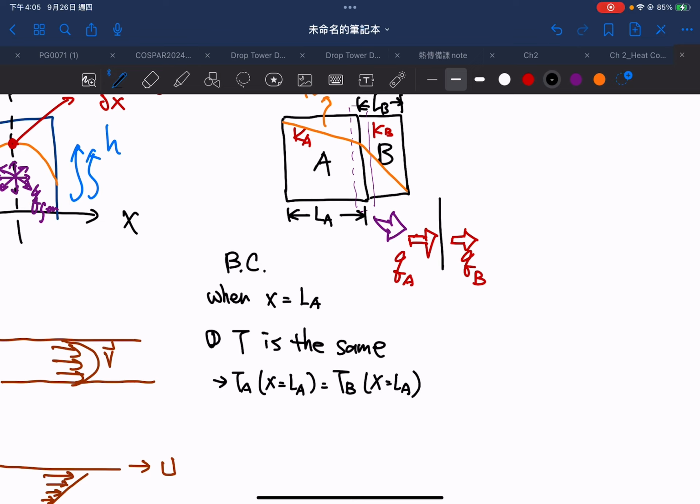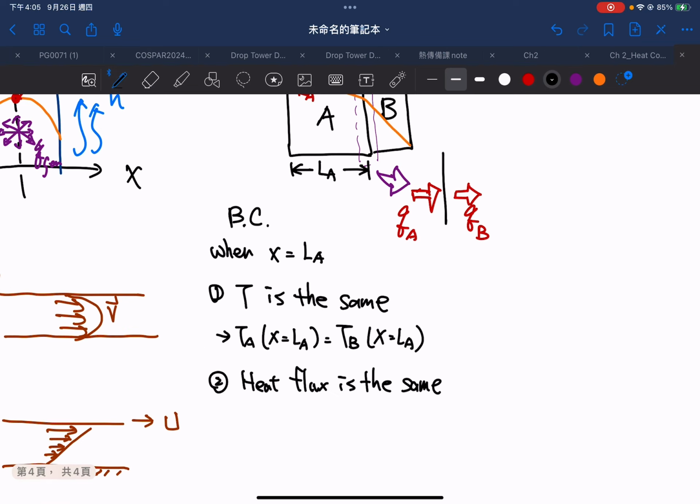Then the second boundary condition is that the heat flux will be the same. So we can also write it down by the Fourier law, sorry, not the Cooling law.